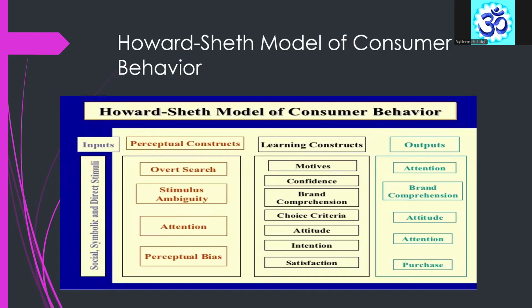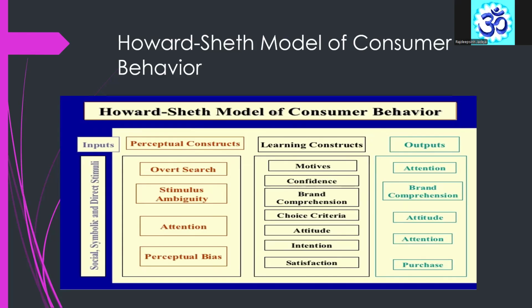So here is the Howard-Sheth model of consumer behavior, in which we can see input, perceptual constraints, learning constraints, and output. So Howard is a foreigner, and Jagdish Sheth is an Indian-American academician. He is the founder of the Jagdish Sheth School of Management, which is in Bangalore.